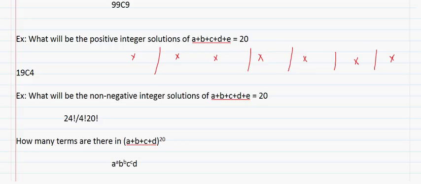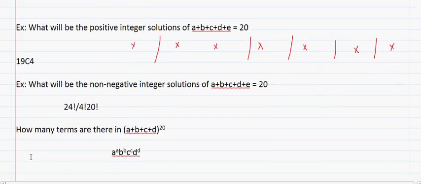Any term in the expansion of the series is something like this, where the powers can take values from 0 to 20. Let me use capital letters for the powers. A raised to power a, b raised to power b, c raised to power c, and d raised to power d.